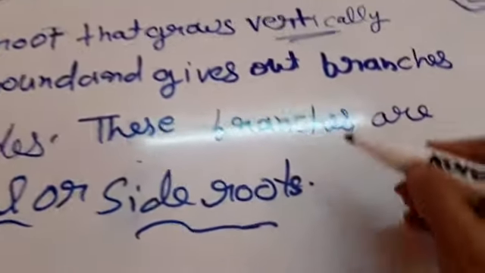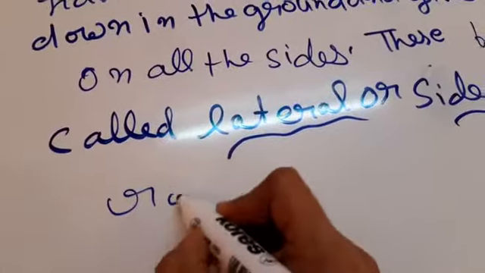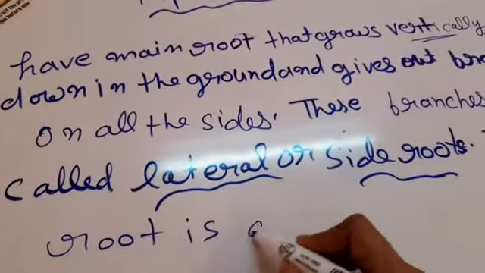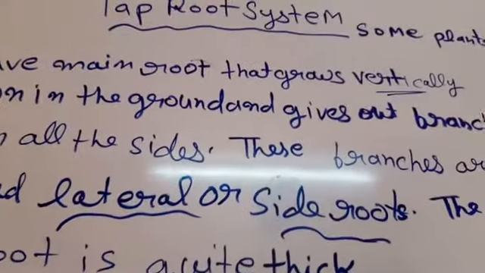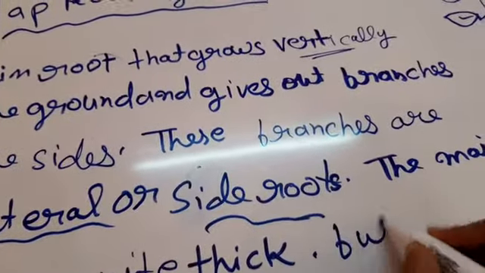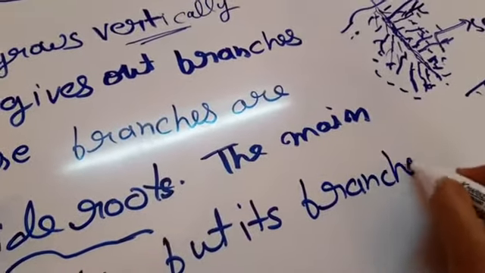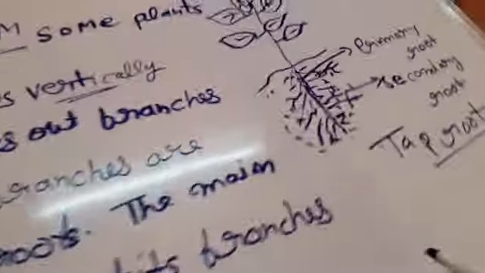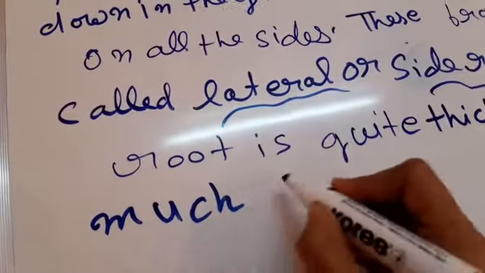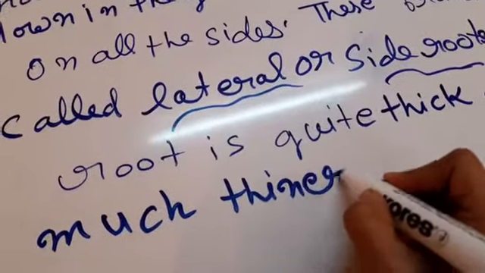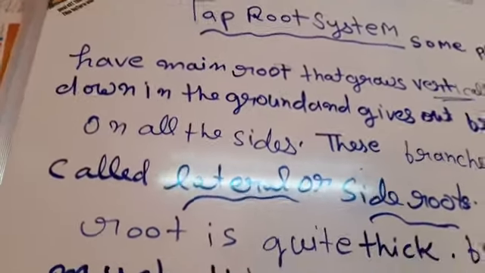The main root is quite thick, but its branches are much thinner. This type of root is called taproot.